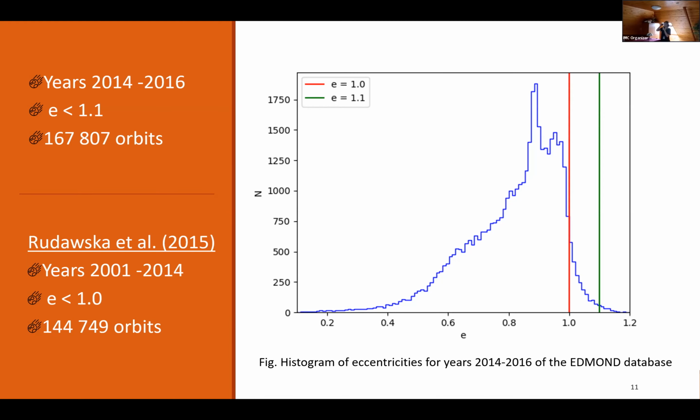These orbits were left here because I do not suppose those are real hyperbolic orbits, but they are caused by errors, and probably many of them belong to the meteor showers.